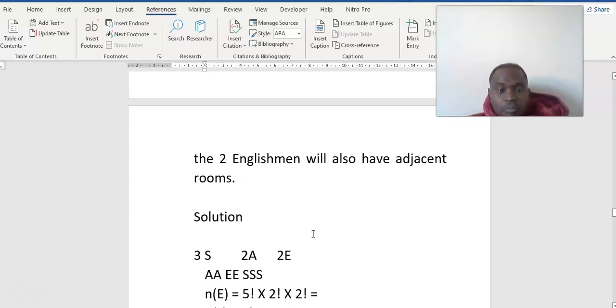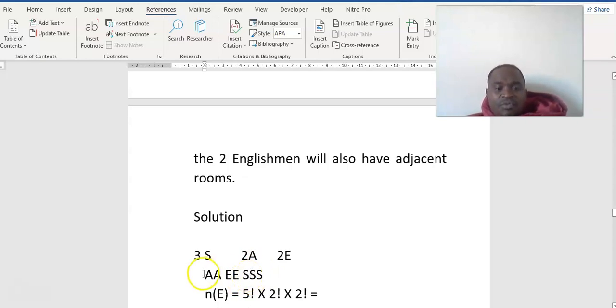The question says adjacent rooms, it means we should have a room of an Australian followed by a room of an Australian. Then the Englishmen must follow each other. The rest, we don't care about the arrangement.